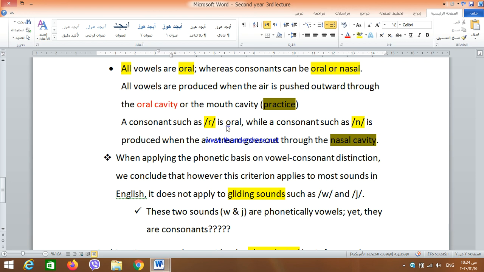Because when we pronounce it, the air goes out through the mouth. While a consonant such as n is produced when the air stream goes out through the nasal cavity. So we have oral consonants like ra, like p, b, th, sh, j, and we have consonants that are nasals like m, n, and ing.